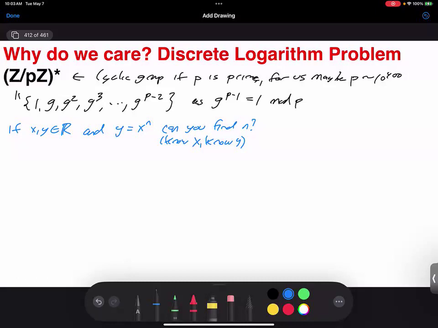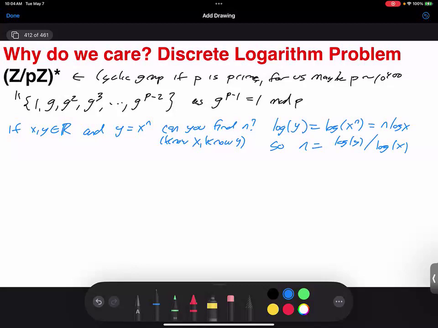That's a product. What should you think of every time you see a product? Take the log. So the log of y is the log of x to the n, which is n log x. So n is going to be the log of y divided by the log of x.